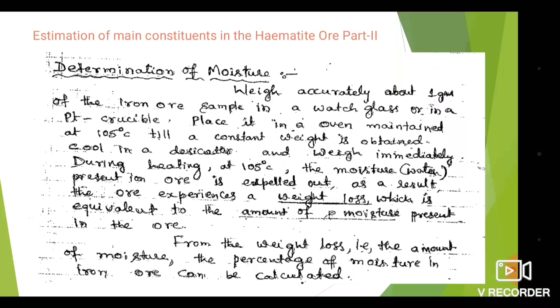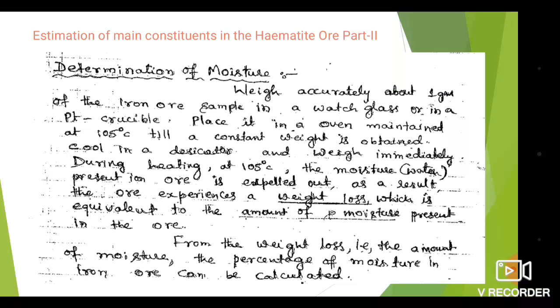Next, determination of moisture. Weigh accurately about 1 gram of the iron ore sample in a watch glass or in a platinum crucible. Place it in an oven maintained at 105 degrees Celsius till a constant weight is obtained. Cool in a desiccator and weigh immediately.